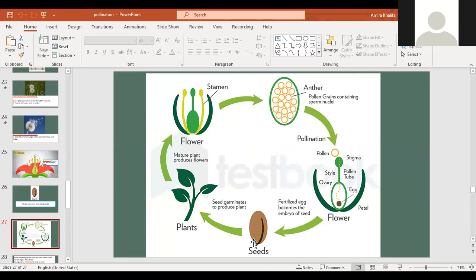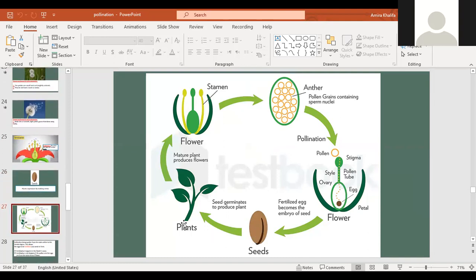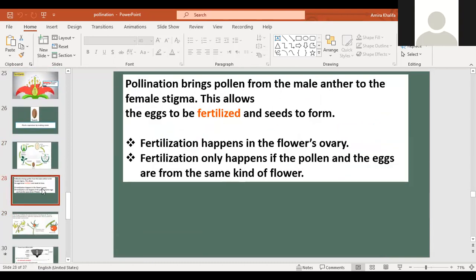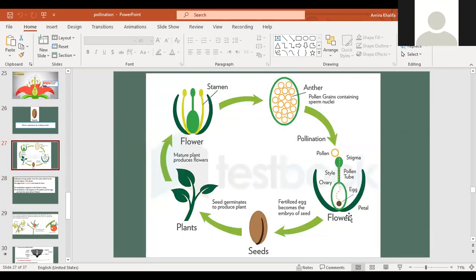After that, seeds are made, which is the reproduced part, the part of reproduction in the plant, which is the seed. Seeds grow up, make the plant and then the flower. Fertilization happens in the ovary of the plant to make the egg.